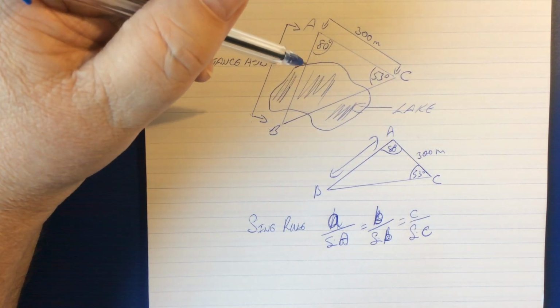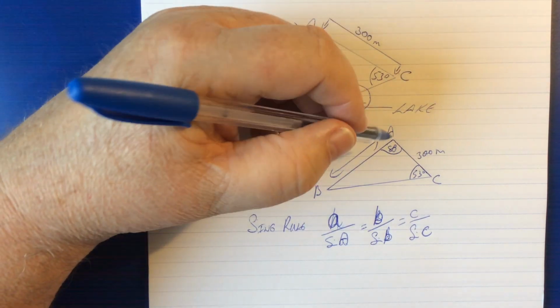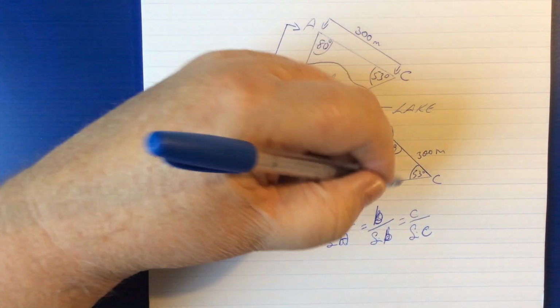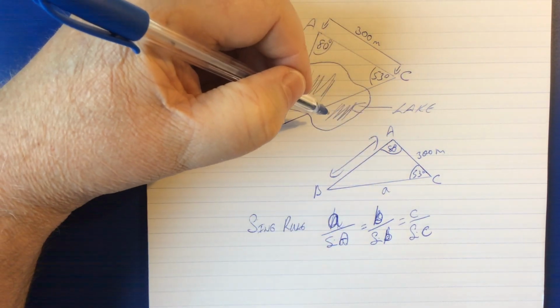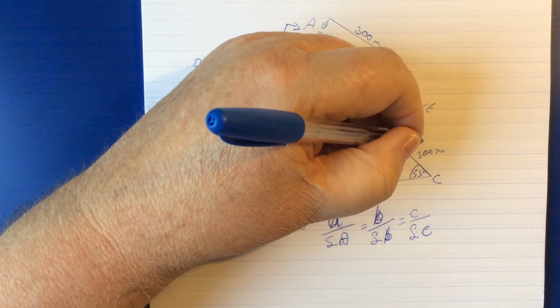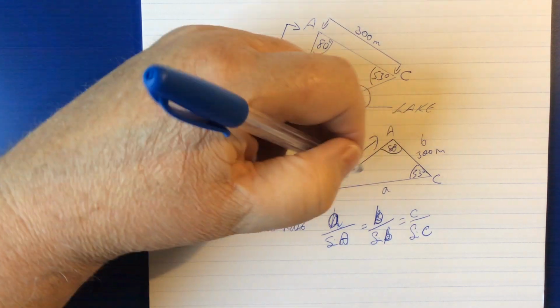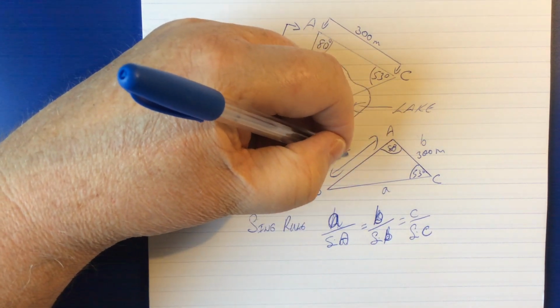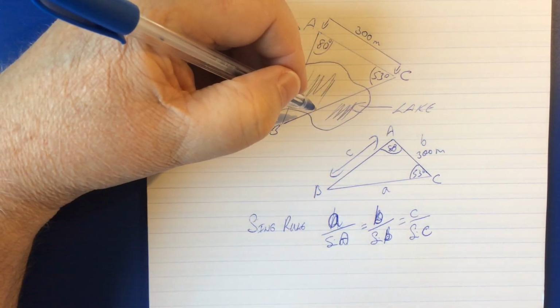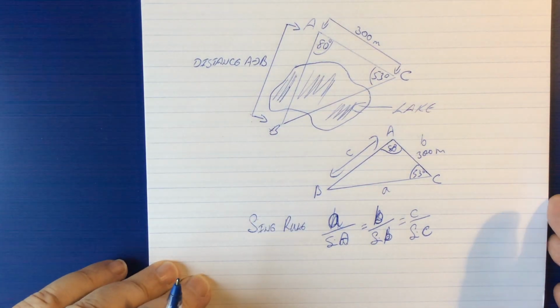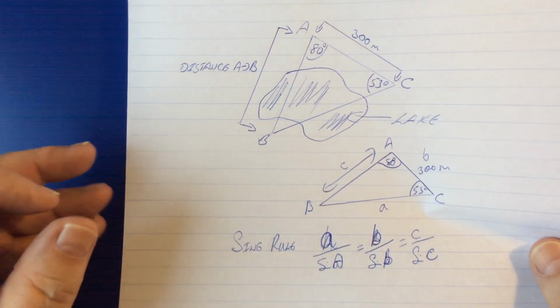So it's obviously going to be one of those days. Okay, so what is side A? Well, this is side A here. What is side B? This is side B here. It's opposite the angle. And this is side C. Okay, so let's transfer this information to a fresh page and go to work.